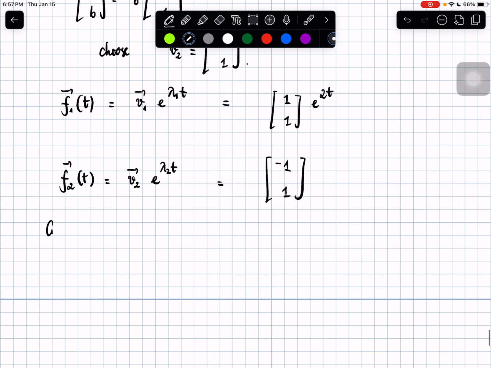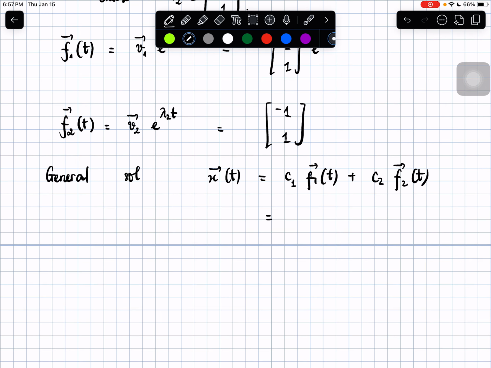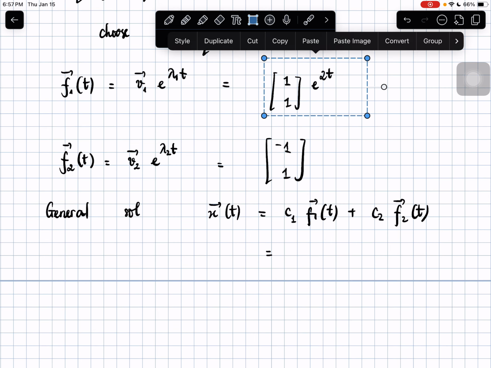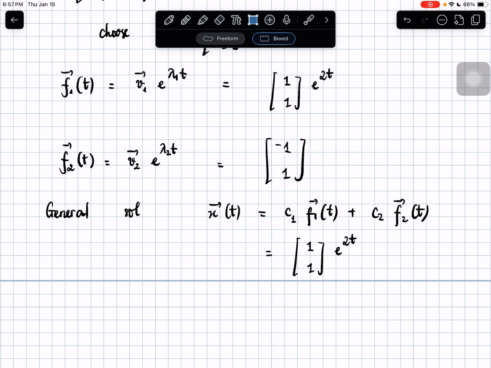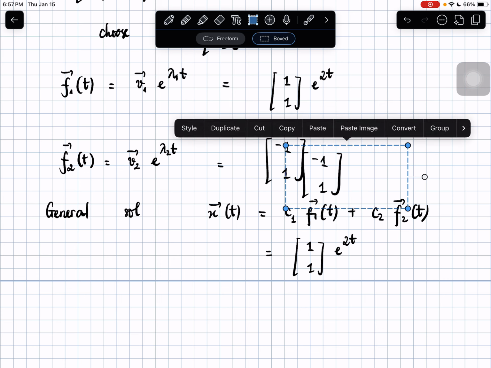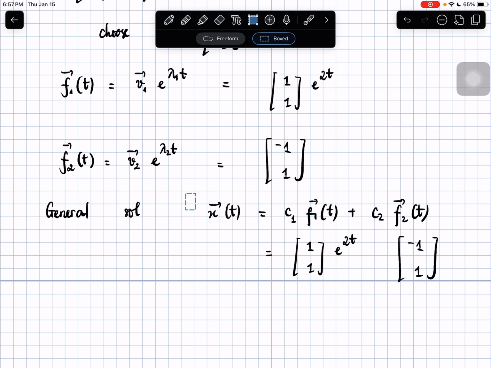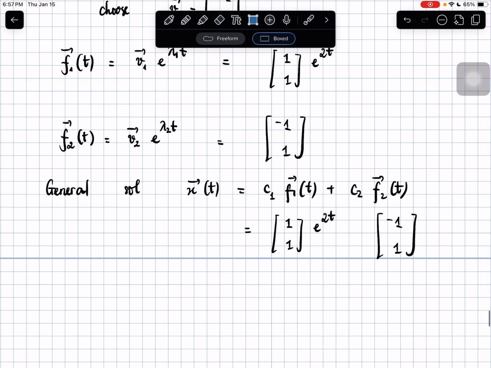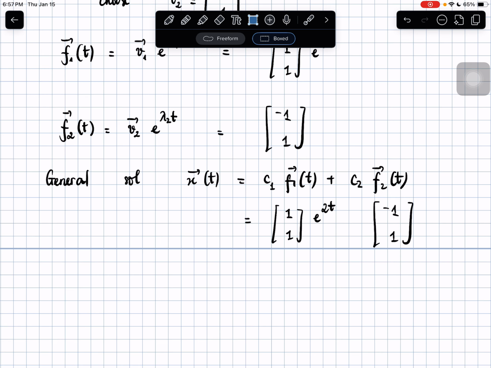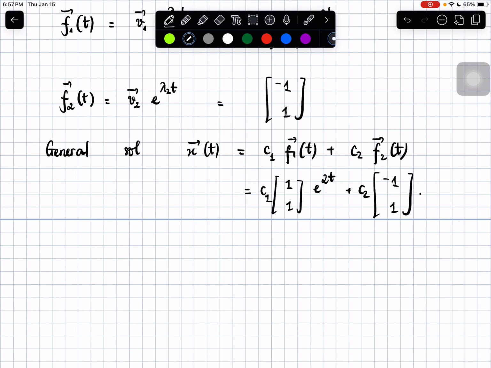So the general solution, x(t) equals c1 times f1 plus c2 times f2. So c1 times this plus c2 times this. Yeah, so this is a solution.